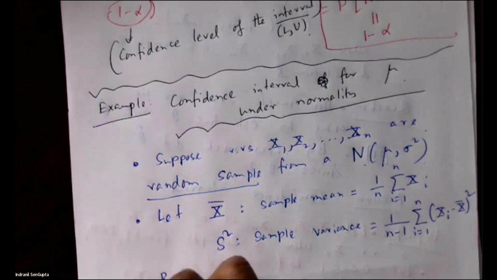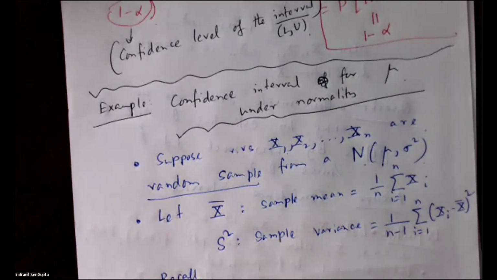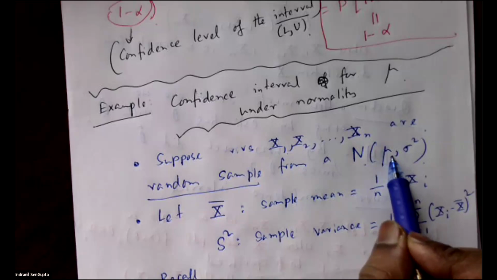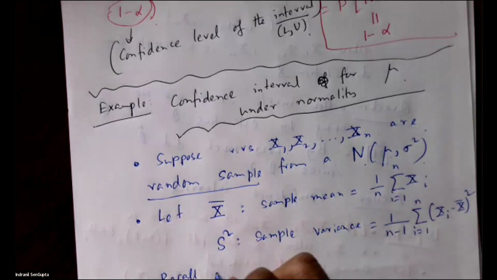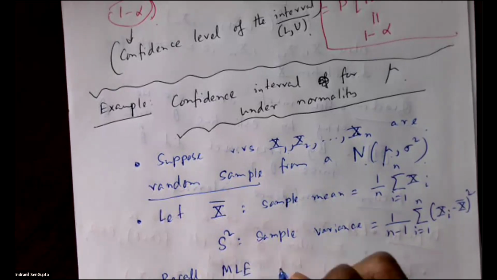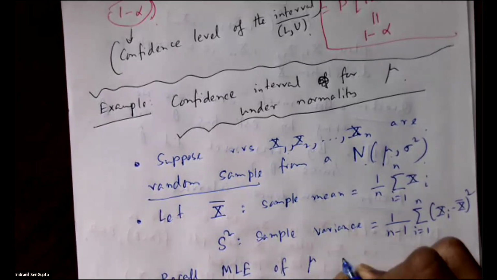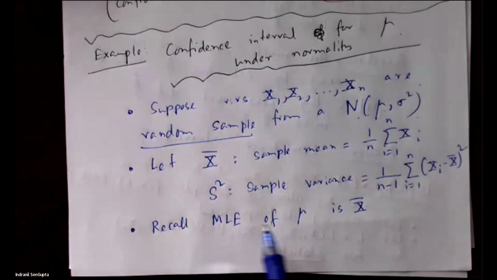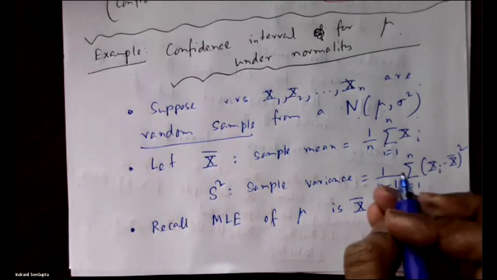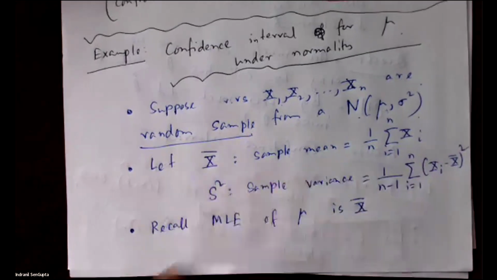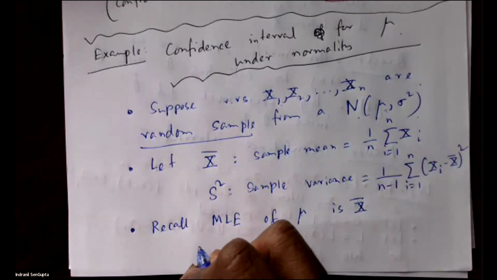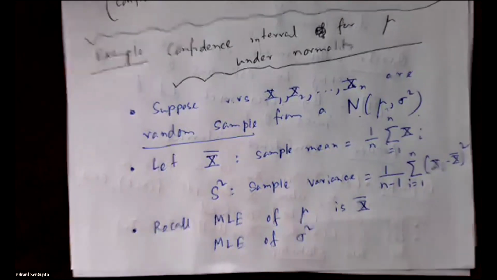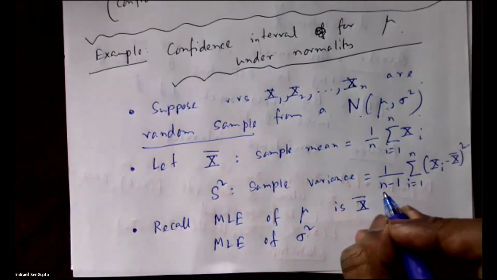Also recall that when we tried to find the maximum likelihood estimator for mu, the maximum likelihood estimator of mu is x bar. But the maximum likelihood estimator of sigma squared is not S squared.